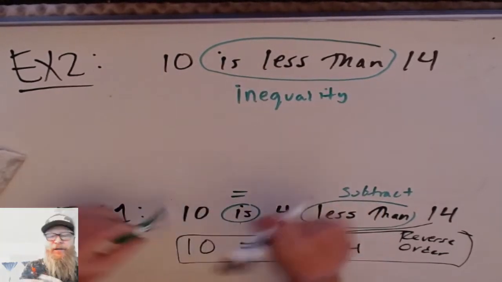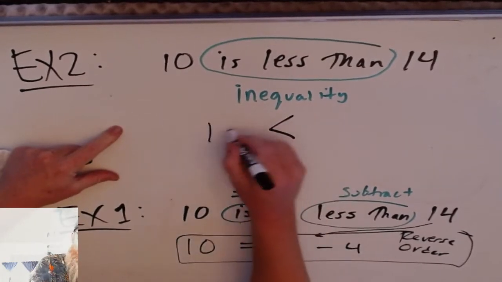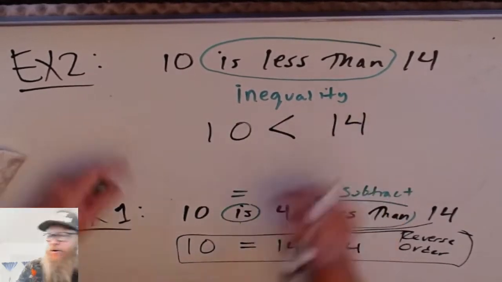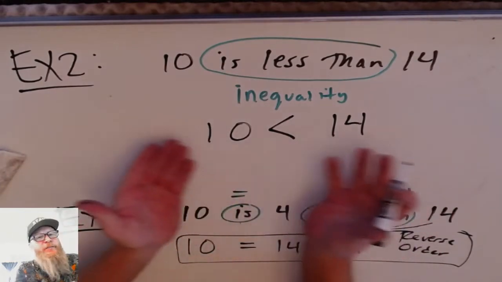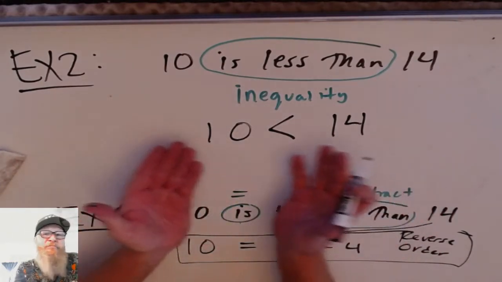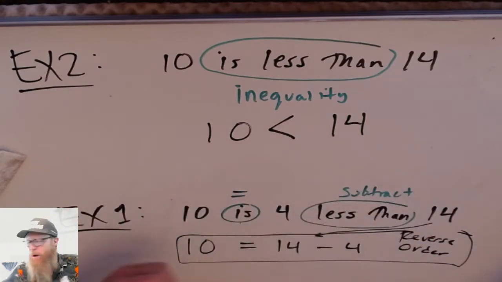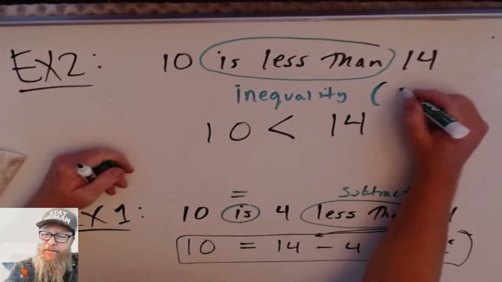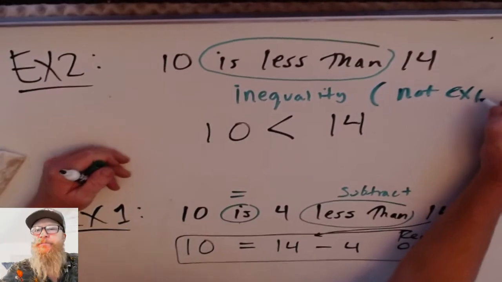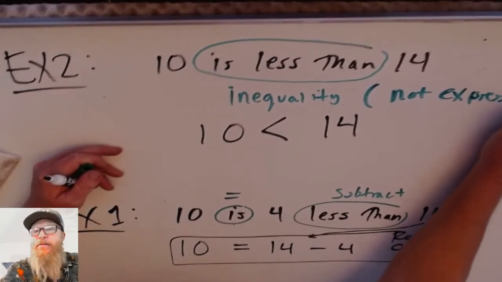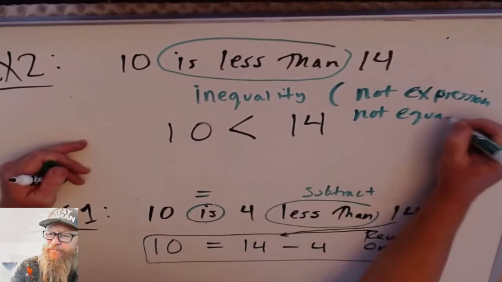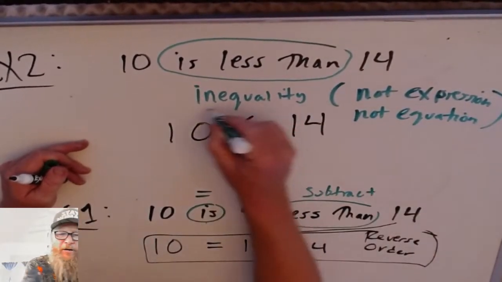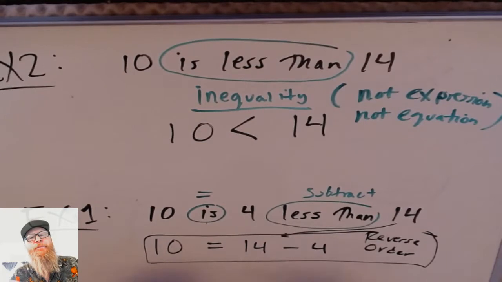An inequality symbol looks like, we used to call these alligators or crocodiles. And so now it's not an expression, it's not an equation, it's neither. It's a special category called inequality.